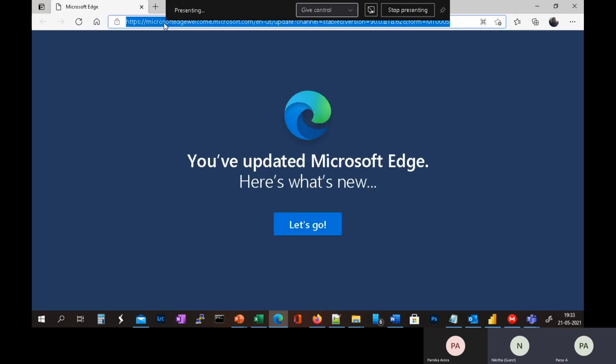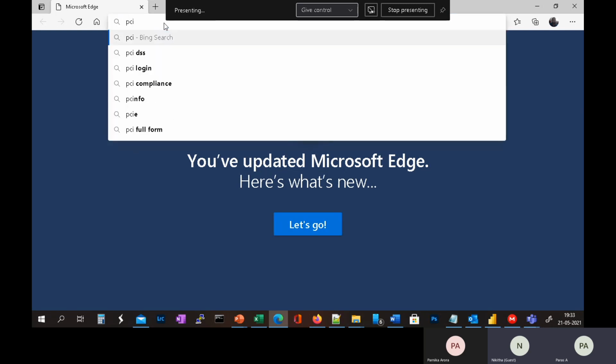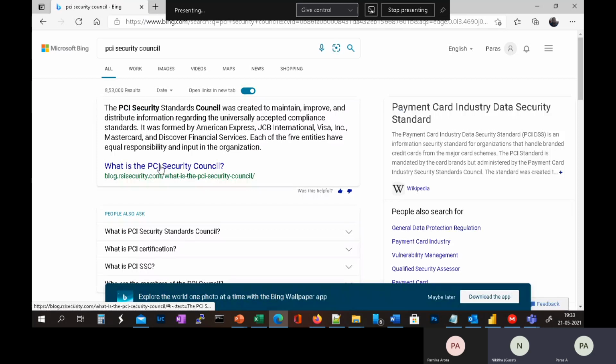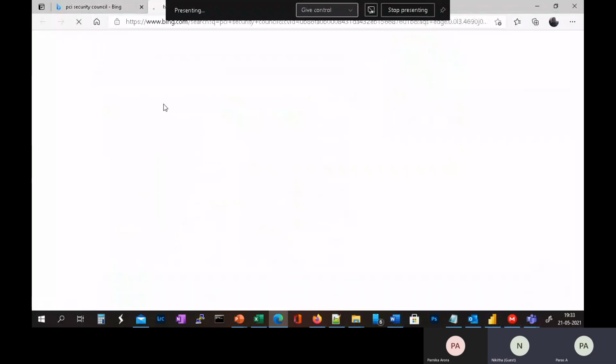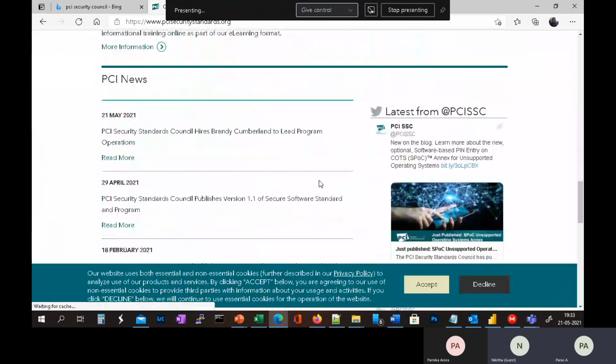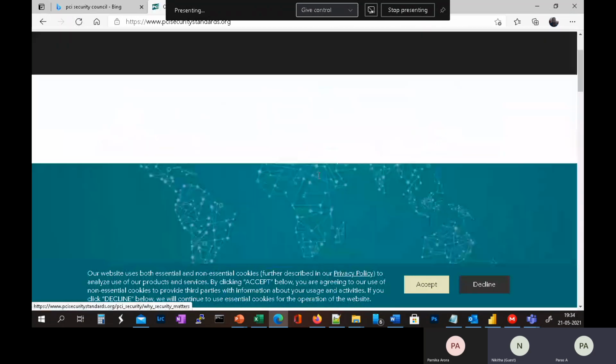Let's say I am a company, so let's say Proton Technosoft wants to implement a PCI security standard right now. What I will do, I will go to the PCI SSC website and I will download the latest available standard here.